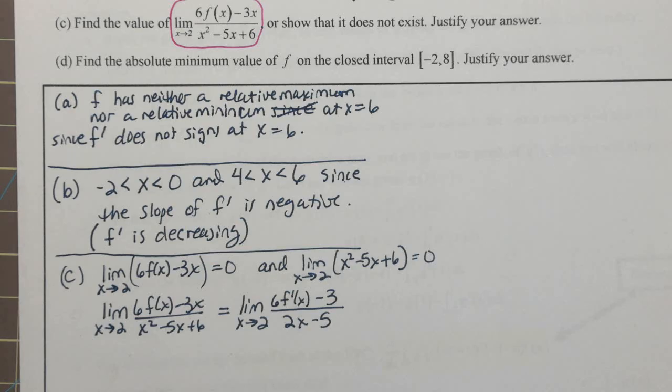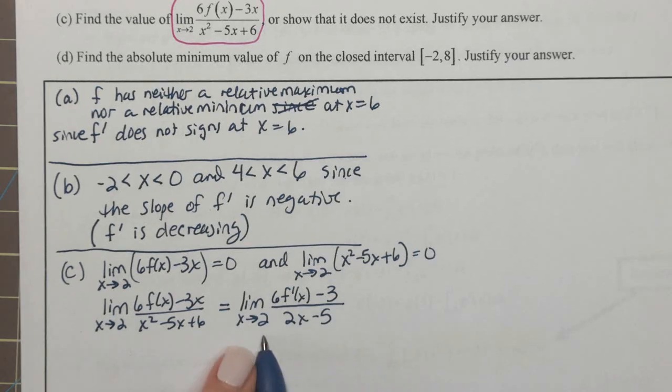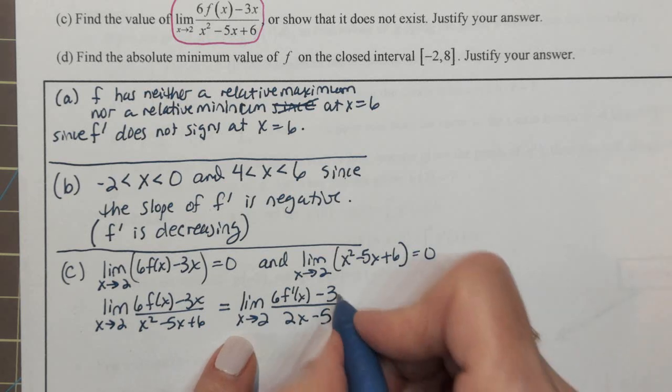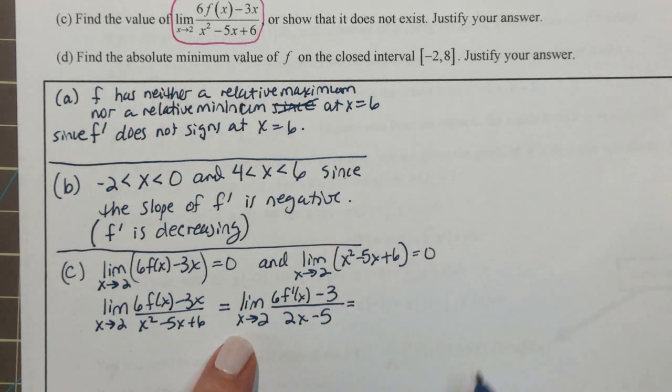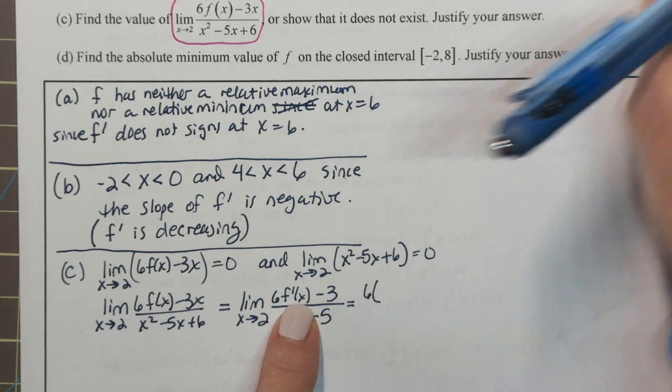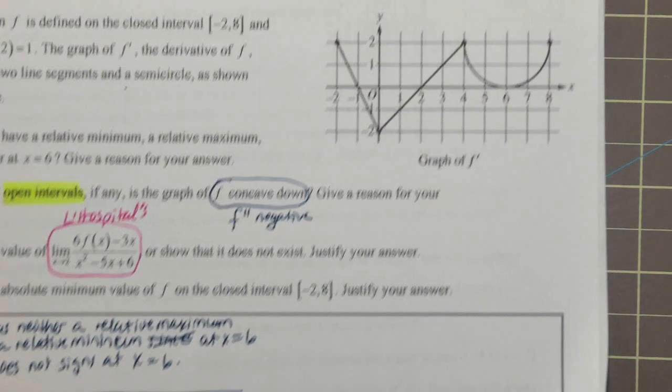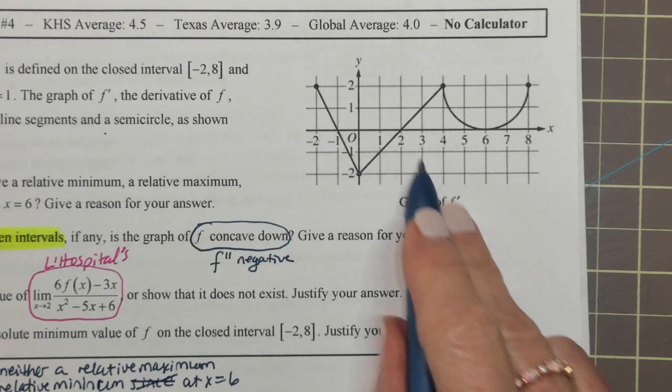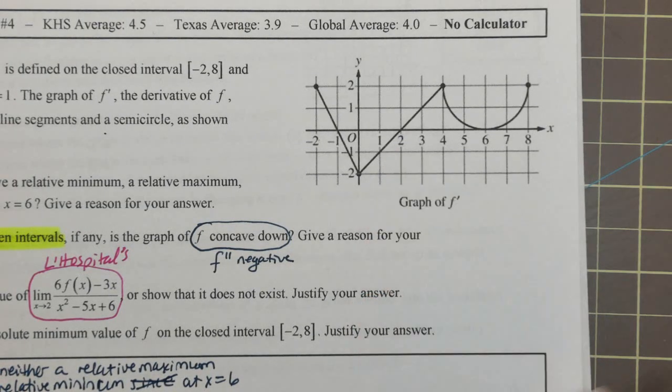Sometimes we have to use L'Hopital's again. So let's see if we have to this time. If I put 2 into the bottom, I do not get 0 on the bottom. That tells me I am not going to have to use L'Hopital's again. So I'm just going to put equals 6 times f prime of 2. We're going to go to the graph of f prime. F prime at 2 is 0.